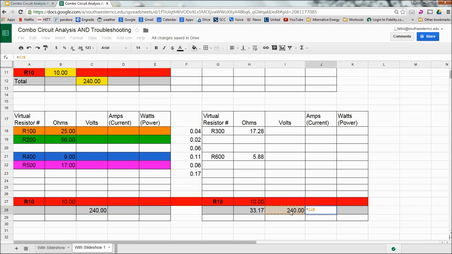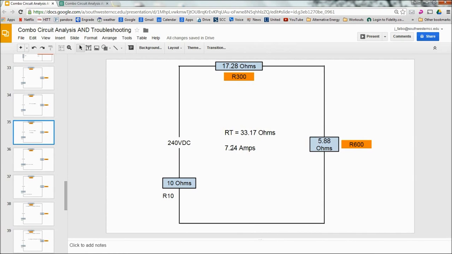I can take my voltage divided by that resistance, and there is my total amperage. I might as well calculate total wattage. So I times E, and there's my total wattage. If we look at this circuit, we know that the current's the same in a series circuit. So what that means here is that the current in these two virtual loads is the same as our 10 ohm.